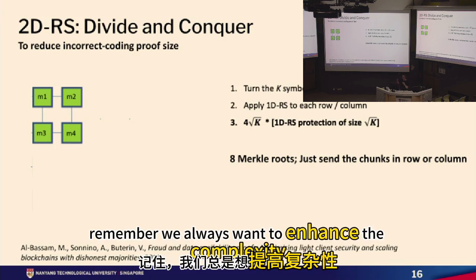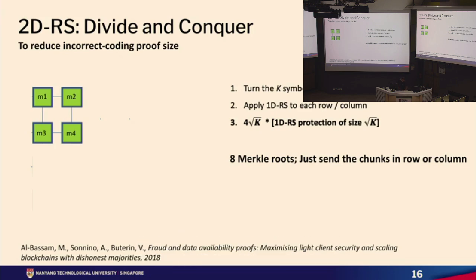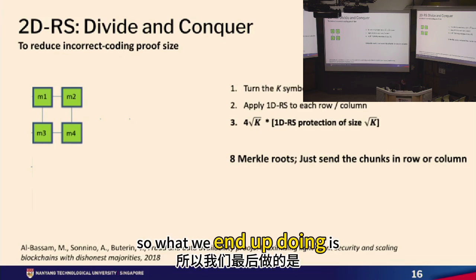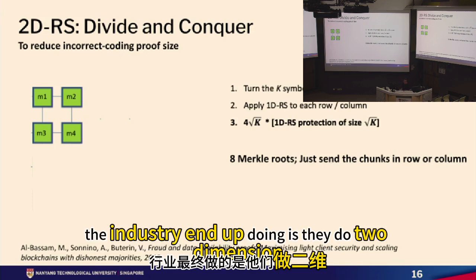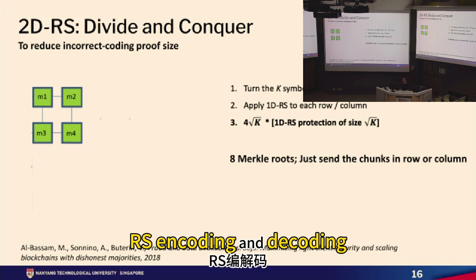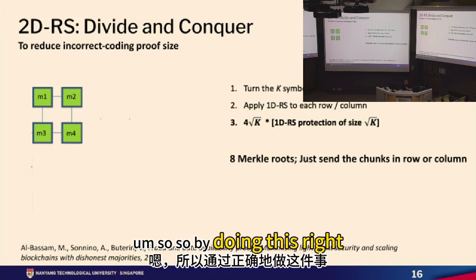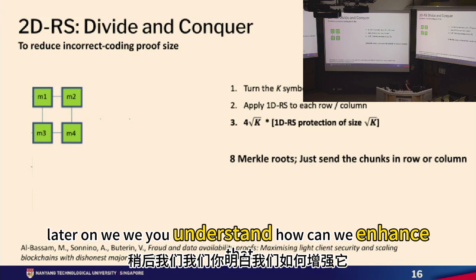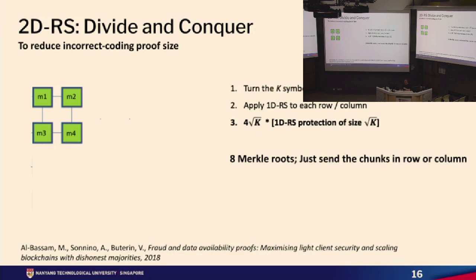Remember, we always want to reduce the complexity, right? So what the industry ends up doing is 2-dimension RS encoding and decoding. By doing this, later on you'll understand how we can enhance that.